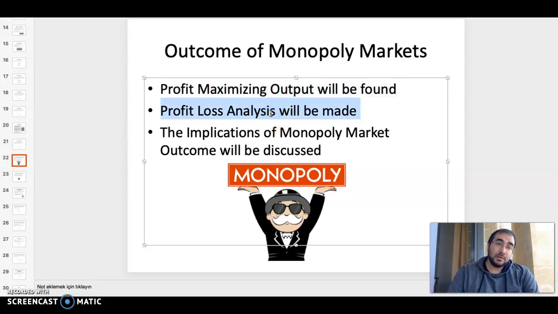Can monopolies make a loss? We will discuss the possibilities of that and how to calculate that loss. We will also see whether the monopolies will actually produce at that level, which is very much possible that they might not. And lastly, we will see briefly the implications of the monopoly market outcome.